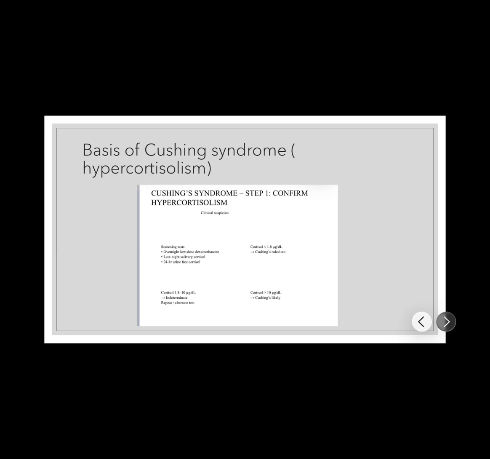Okay. And there is another test, the 11 p.m. salivary cortisol. Actually, at 11 p.m., the cortisol goes to a nadir. That is the trough value, the lowest value. So over here, the cortisol should be very low, but still if you get high values of cortisol, then it means that Cushing syndrome is present.